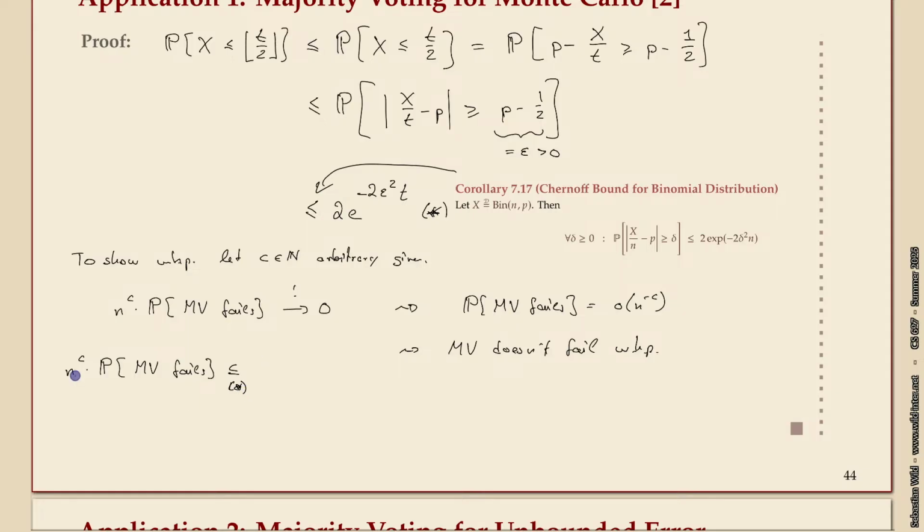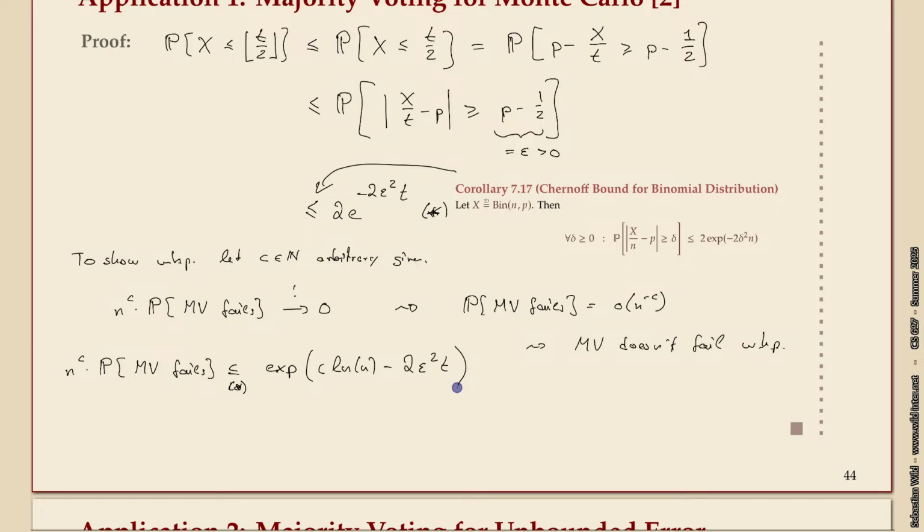And I'm going to put the n to the c into the exponent, so everything is within an exp. And then I have c times natural log of n, and we have the minus 2 epsilon squared t.